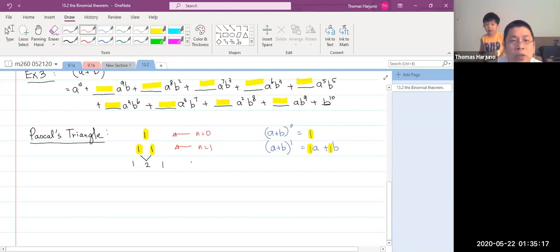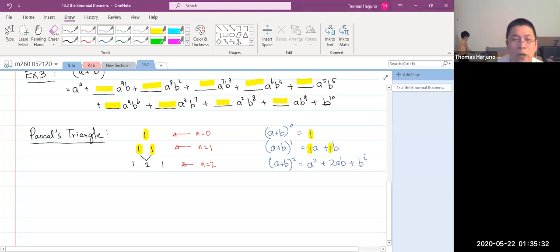Okay, so you see that this is for n equals to 2, and it follows a plus b squared equals a squared plus 2ab plus b squared, as we have known earlier, right? You see these two, for these two here.